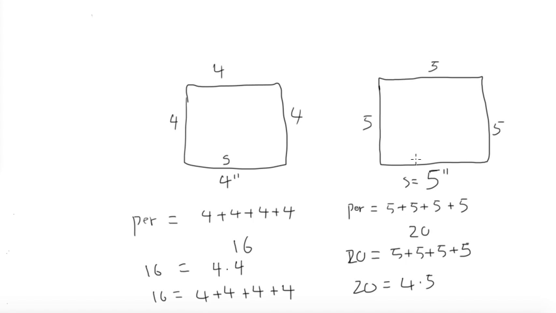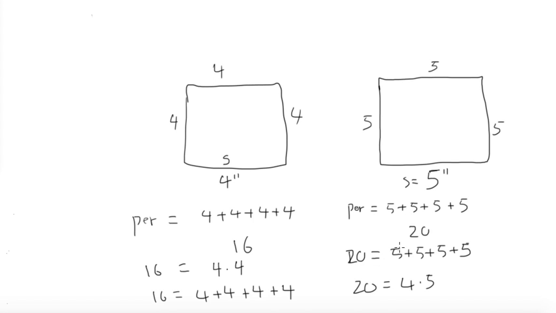And if the size of the square changed based off of the length, then the perimeter changes. So 16, and this is 20. So the length of the side changes, and the perimeter changes.